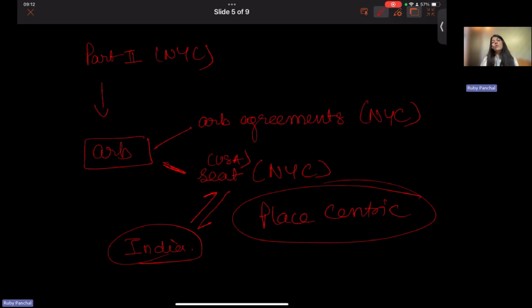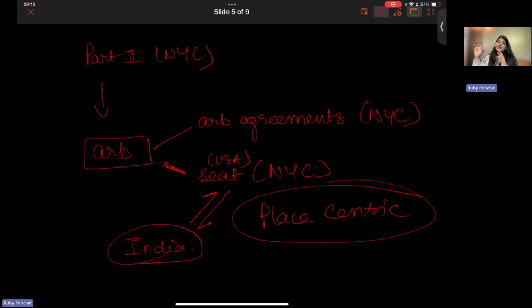There is no mention of the nationality of the parties or whether the parties also need to be residents of or natural citizens of those New York Convention signatory countries. The only requirement is that no matter who the party is, the party could be Indian, the party could be another New York Convention country's national, the party could be a third country's national who is not a citizen of a New York Convention country. Doesn't matter the nationality.